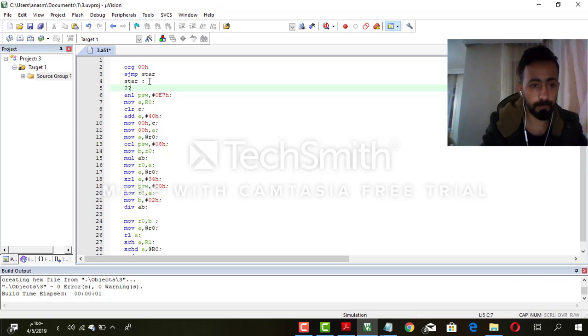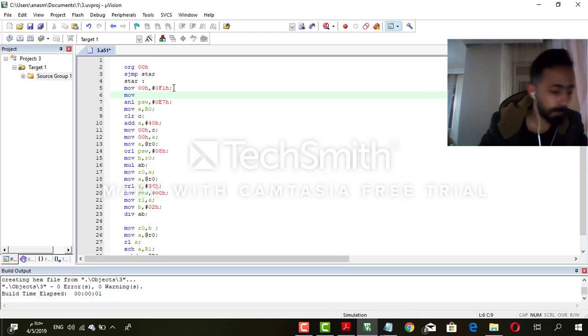Firstly, move 00 hex, the value F1 hex, and in the same way move 01 hex, the value 02 hex.